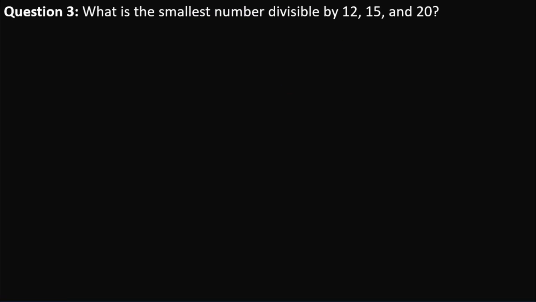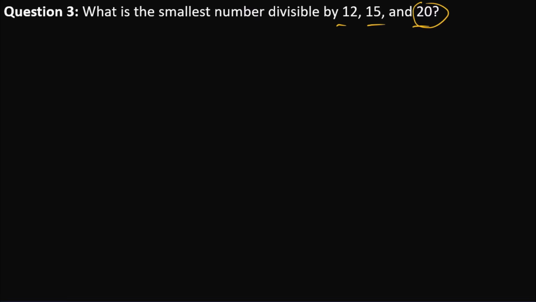So here, what is the smallest number divisible by 12, 15, 20? So here the simple way, if you can use it like this, the largest number here is 20. So we need to multiply it by 1, 2, 3, and at which point the result of multiplication will be divisible by 12 and 15, that will be the number.